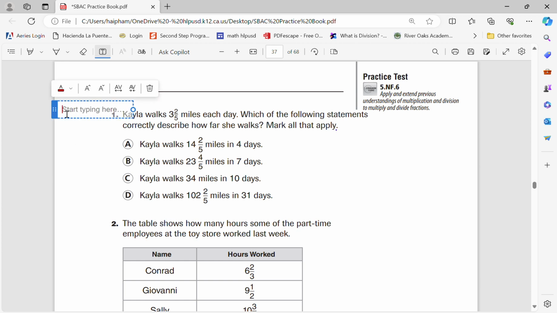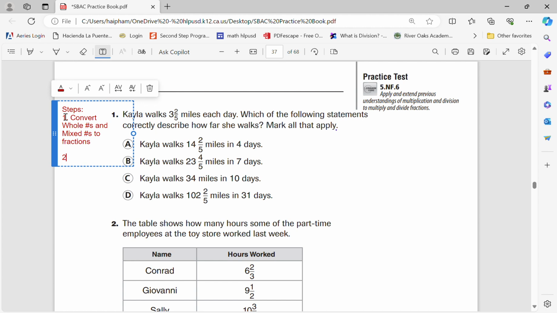So let's go over a few steps to remind ourselves or refresh what we know about multiplying fractions. Step 1, we should first convert our whole numbers and mixed numbers to fractions.